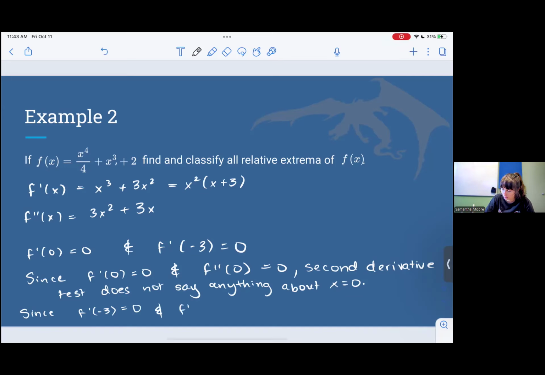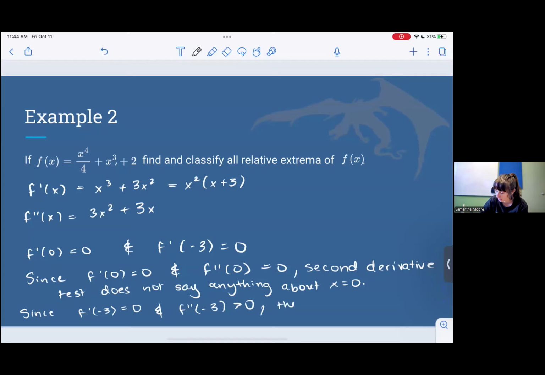So f double prime of minus 3 is going to be 3 times minus 3 squared, so 27, plus 3 times negative 3. Okay, so we're going to get 18 there. So this is going to be positive. So at negative 3, f prime is 0, and f double prime is positive, so we're concave up like a cup. And so we're looking at a relative minimum.